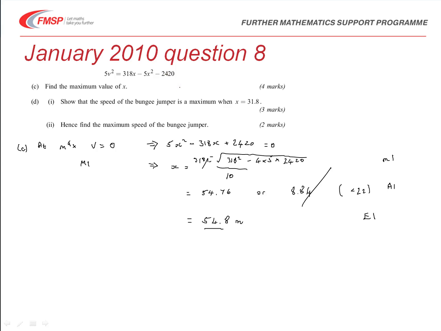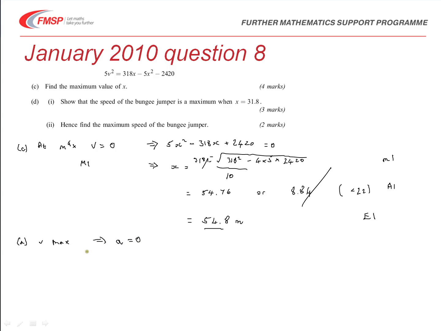Well, the speed is a maximum when a is equal to 0, when the acceleration is 0. So you need to say something like v max implies a is equal to 0.